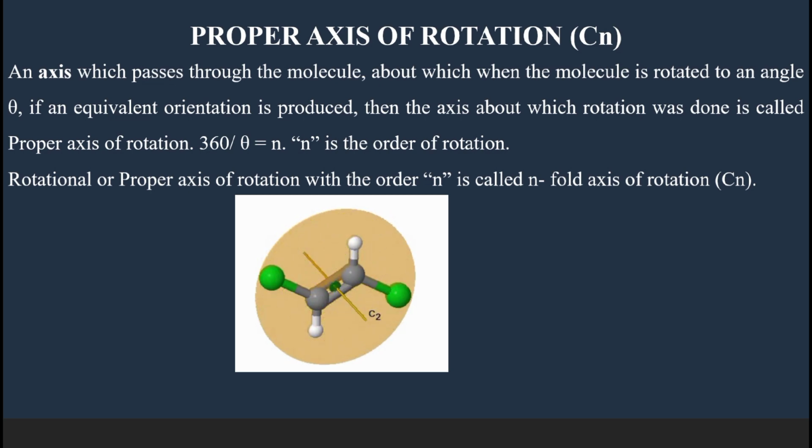So when it is rotated 180 degree, we get the similar identical structure. So this is inversion center. So when you travel in the opposite directions, let us see it once again. So about this axis, we are rotating by one full rotation gives two similar structures. And this is inversion center.